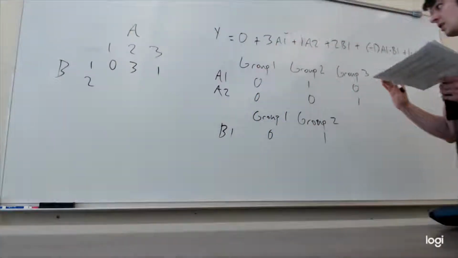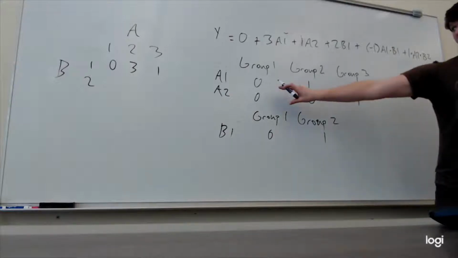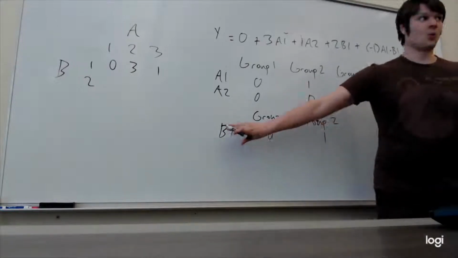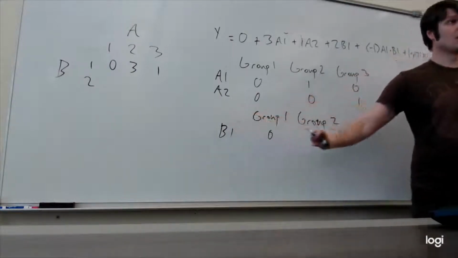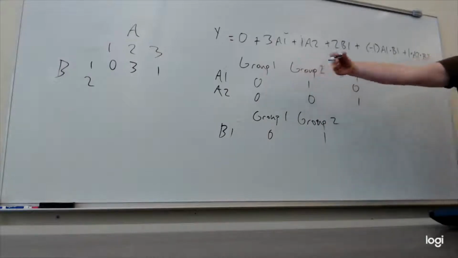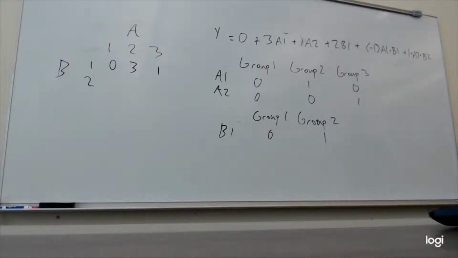So once again, to reiterate, I have to interpret what's happening to B at a particular point in A. I'm interpreting everything at level 1 of A because that's the reference group at 0.